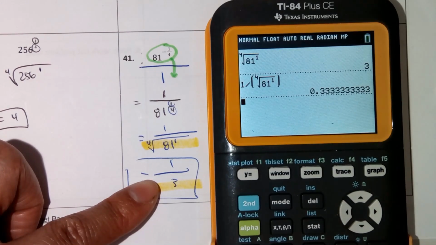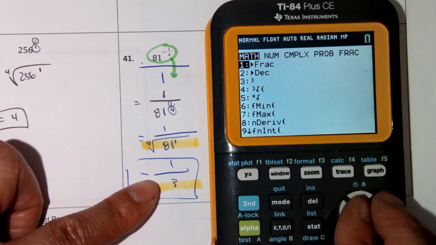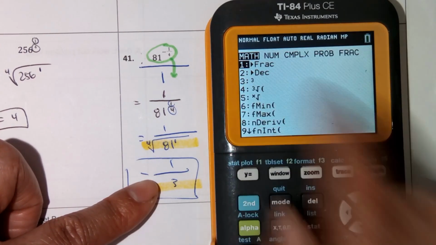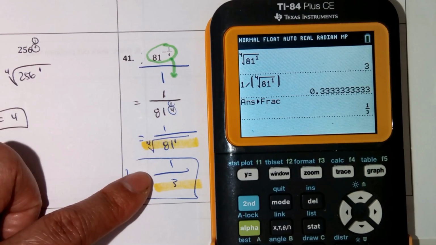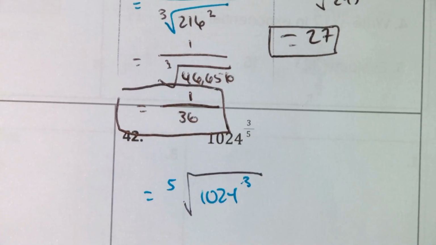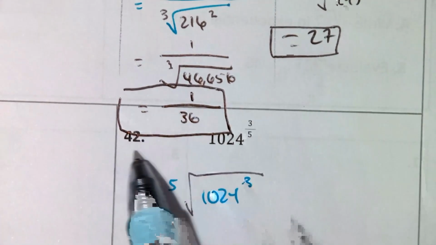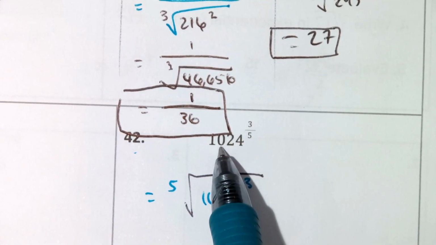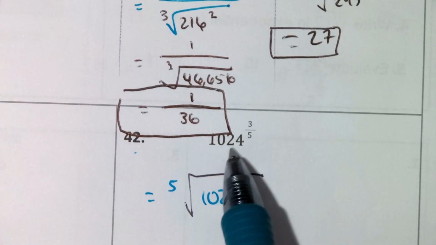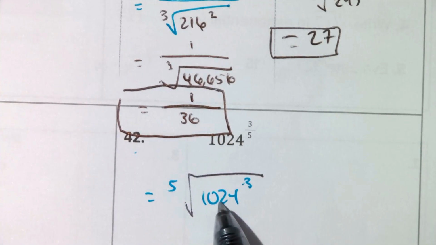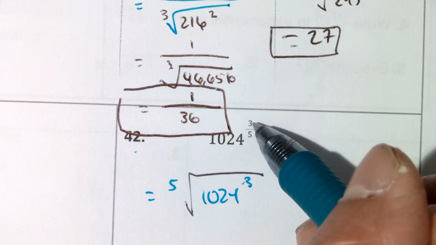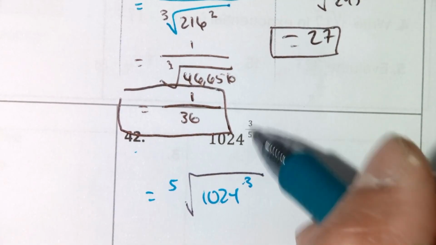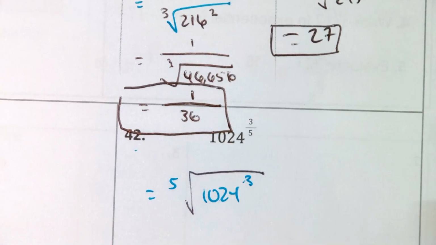Now, if you want to convert the decimal into a fraction, press Math, press number 1, and you actually get the answer of 1/3. Okay, number 42, we basically took the base and we put it here on the inside, the radicand, 1024, and then the top goes inside and the bottom goes out.